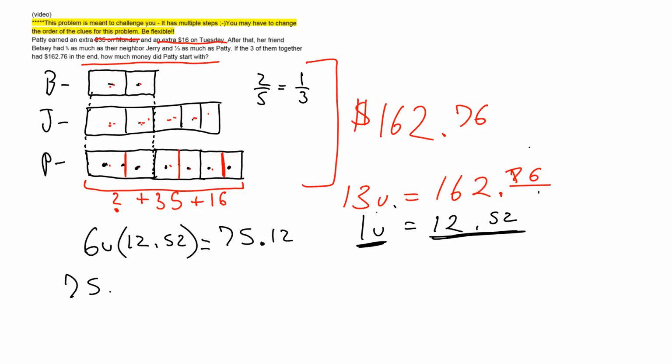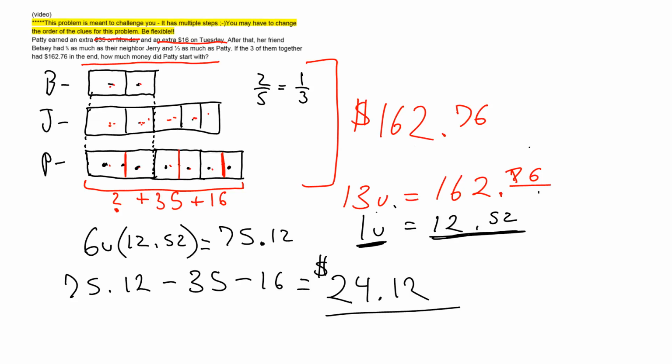We'll take that $75.12, which is the total, and deduct what she made on Monday and what she made on Tuesday. And when we do that, we end up with $24.12 as our final answer.